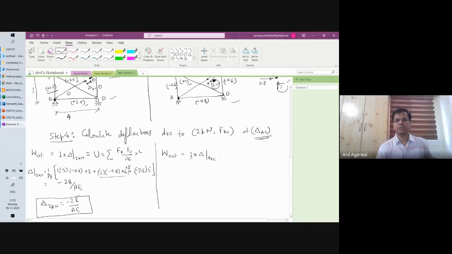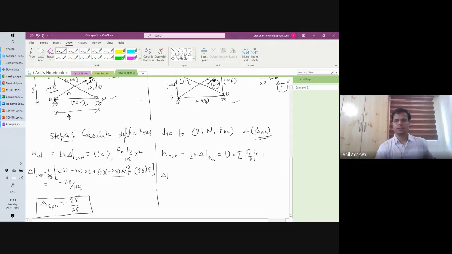I don't know how much FAC is there. That's what I want to calculate. Okay. And that is equal to U, that is equal to again sigma of F real, F virtual, L by AE. Now F real and F virtual are basically the same, except that in one case you have FAC, the other case you don't have FAC.